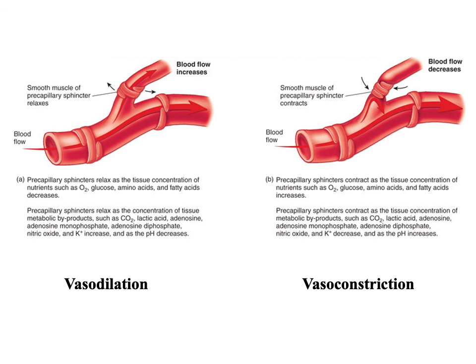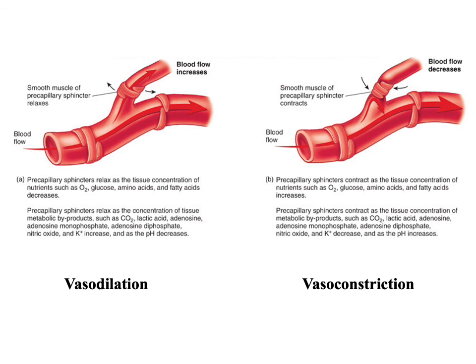Here you can see what vasodilation and vasoconstriction look like. You'll see that top vessel coming down, and wrapped around those vessels are the sphincters. We saw them back in the capillary network before. When a vessel is dilated, like you see on the left, the sphincter is relaxed, which allows the vessel to stay wide open with free blood flow.